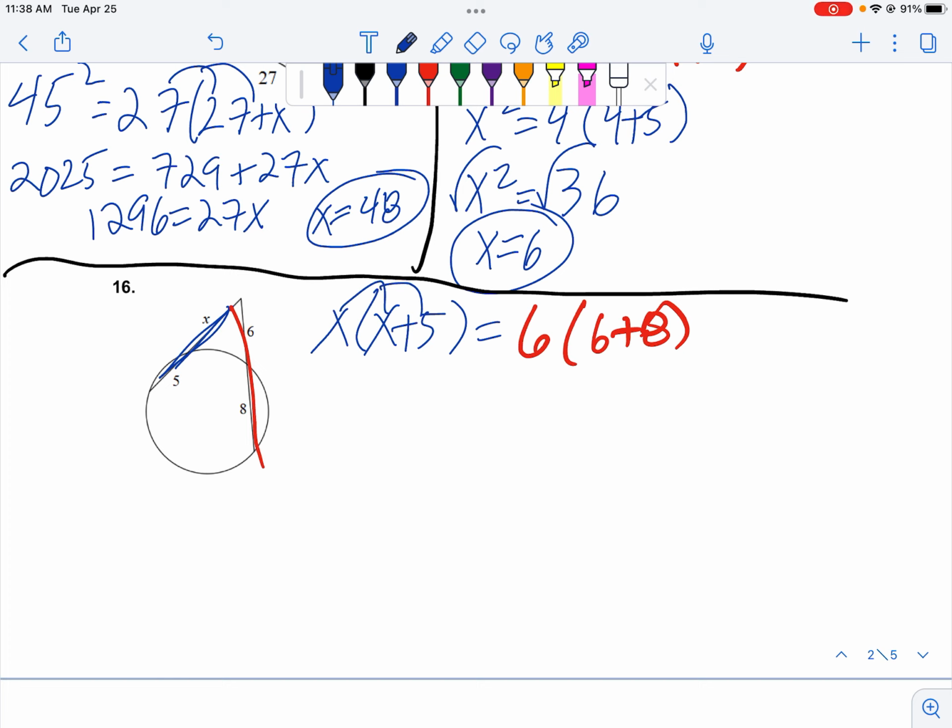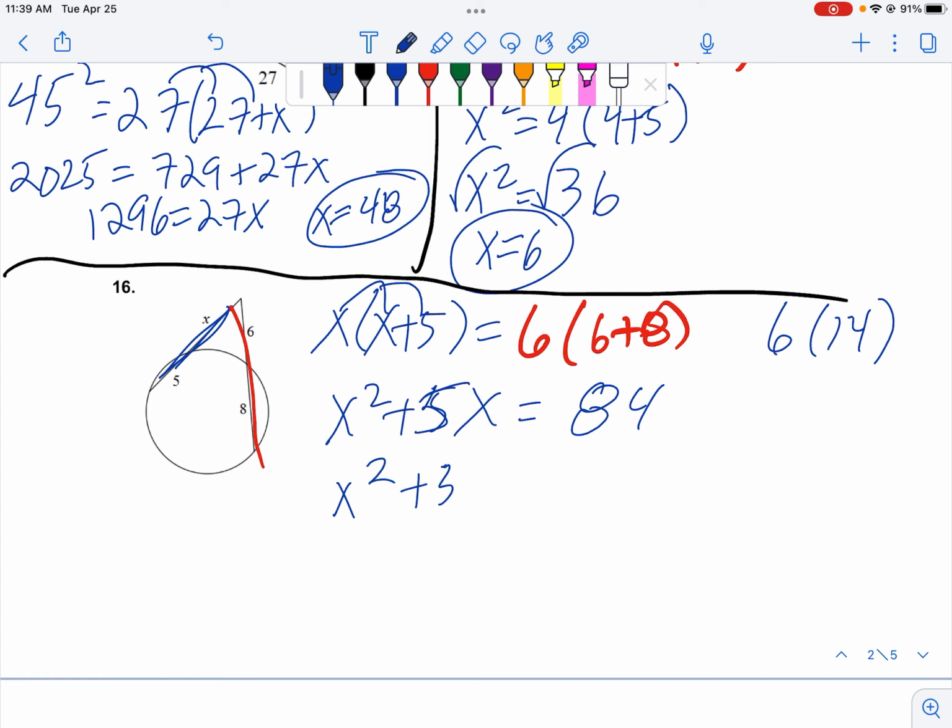So this distributes, I get x squared plus 5x equals, this is just 6 times 14, which is 84. x squared plus 5x minus 84 equals 0.